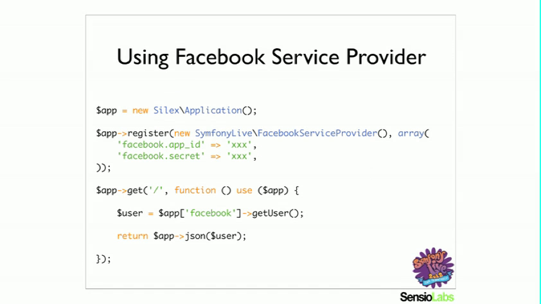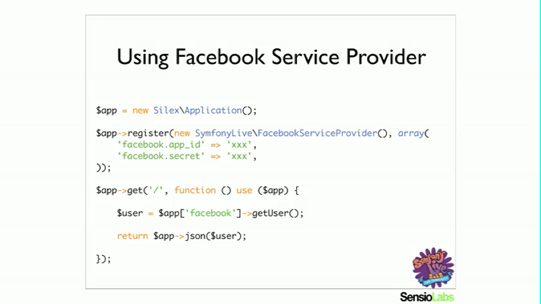Now when I want to use it in my application, I can simply call app equals new Silex application, app register, my Facebook service provider, and pass in the array of options that it requires, like the app ID and secret. Once I want to use it in one of my controllers, I want to have a homepage that automatically logs you in with Facebook, I can map the / URL. So we have app get.